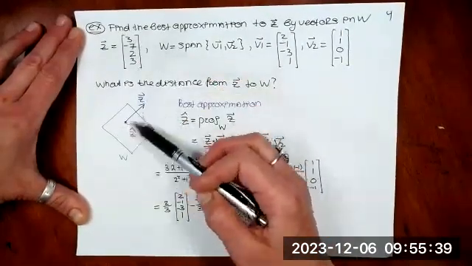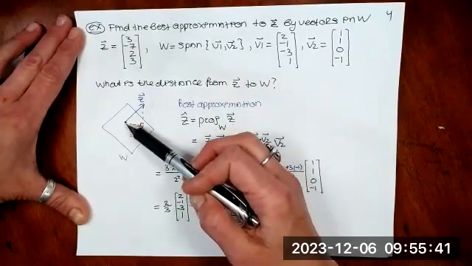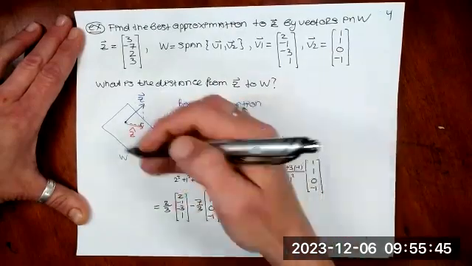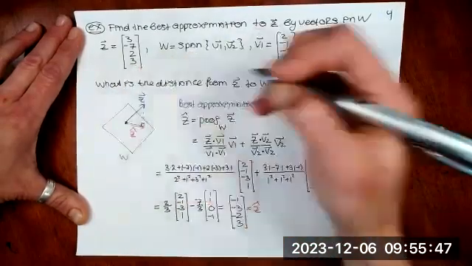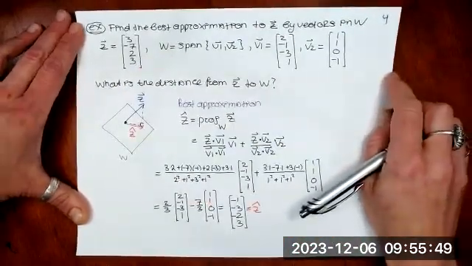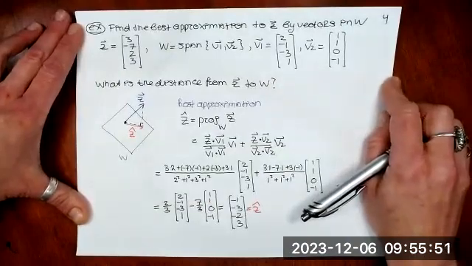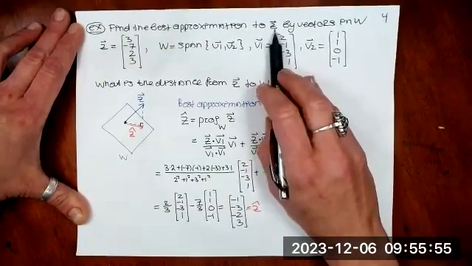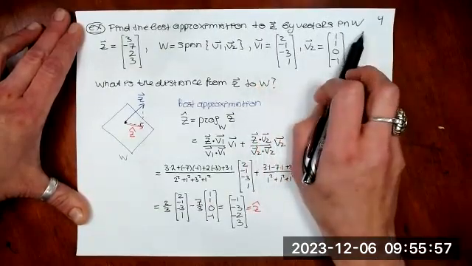That's just in general R4. I don't know if it lies in W or outside of W, but it's just a vector in V. What you could be asked is to find the best approximation to vector z by vectors in W.